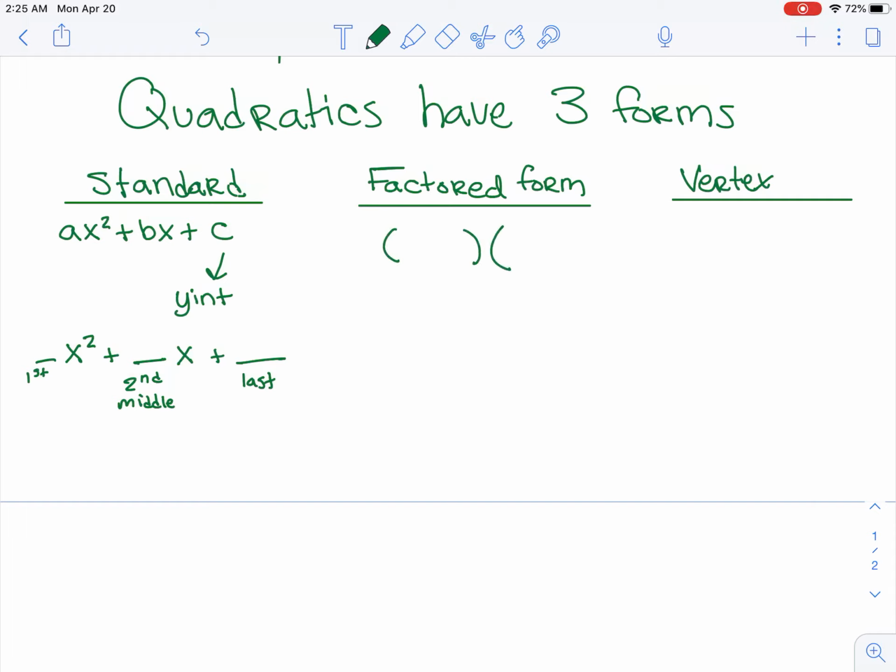For factored form, you know it's factored because it has parentheses. It usually has an equals 0 there. It'll have an x and an x. And then these pieces are the opposites of x-intercepts.